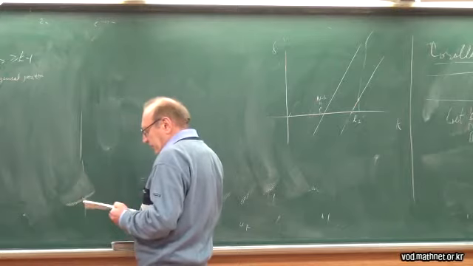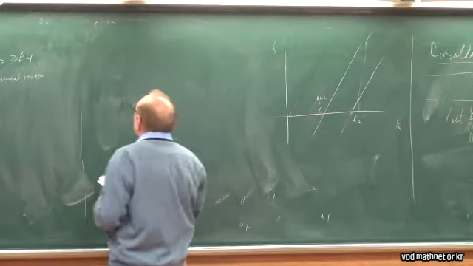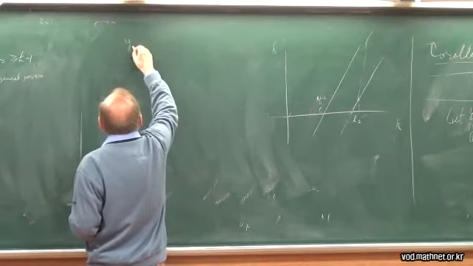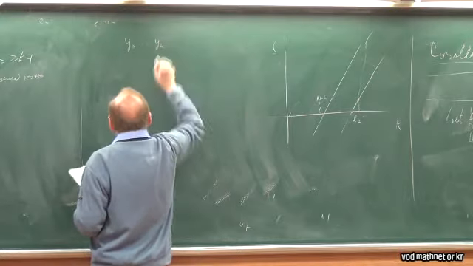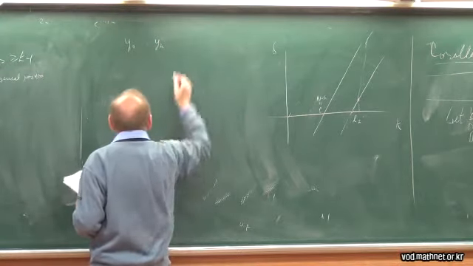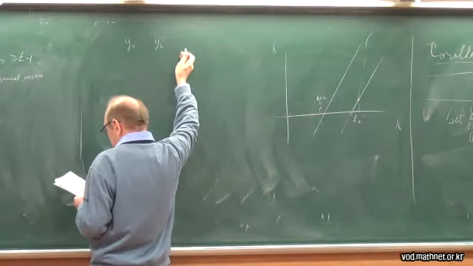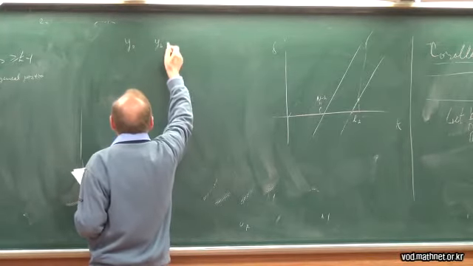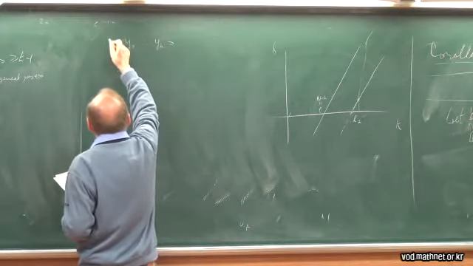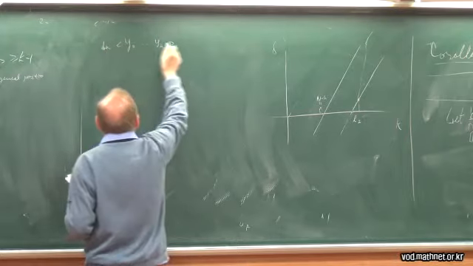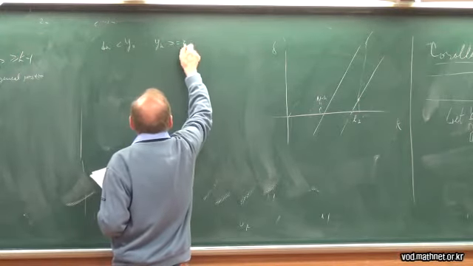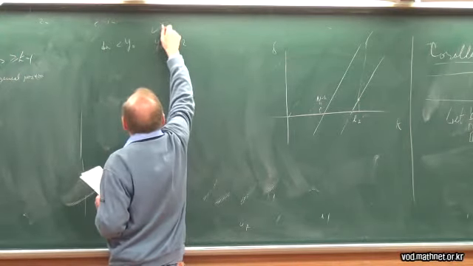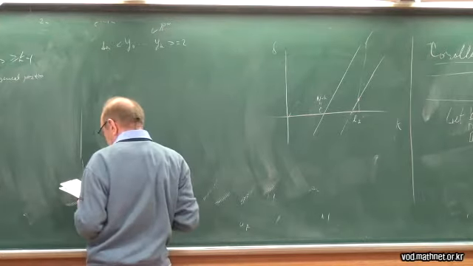So I formulate the corresponding result. We consider finitely many points, and suppose that they span an r-dimensional subspace in P^n. And this lies in P^n, but this is not so very important.